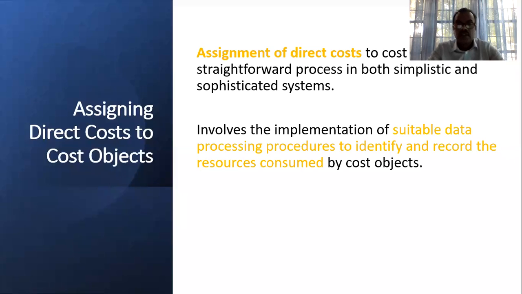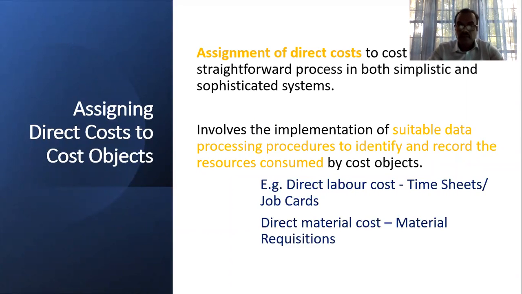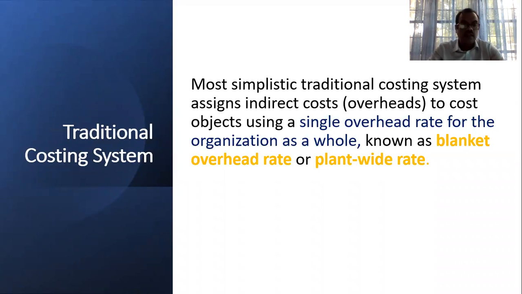All right. Now, the first one I will skip because assigning direct cost is a straightforward and simple task. Therefore, I'm not going to worry about it. Then the second one: now we are going to deal with the traditional costing system, or rather, we are going to deal with overheads.